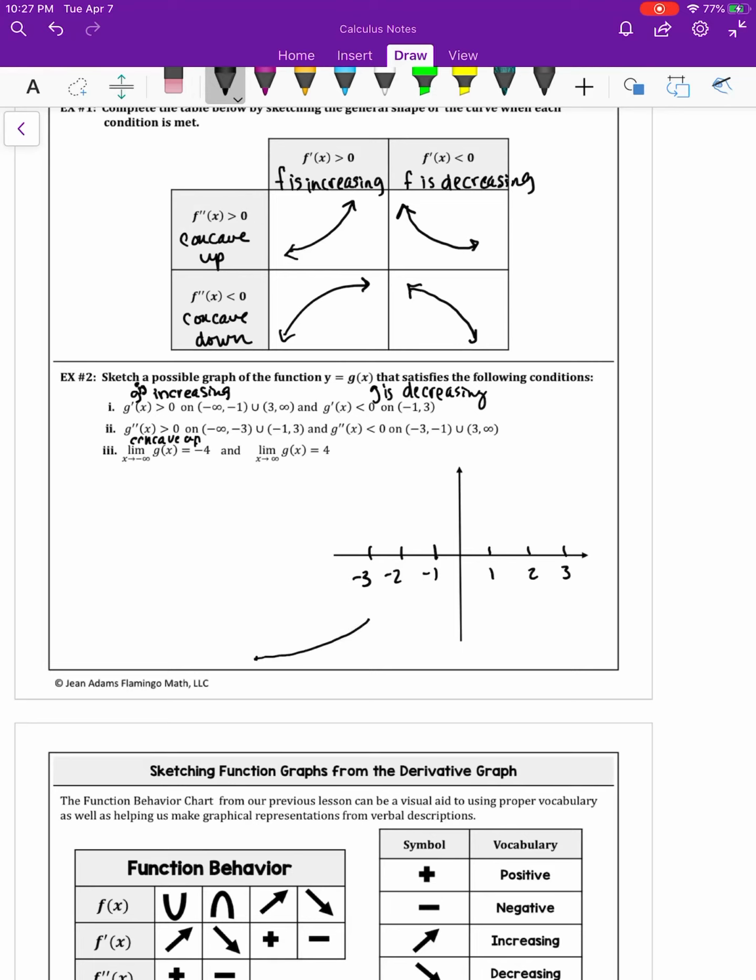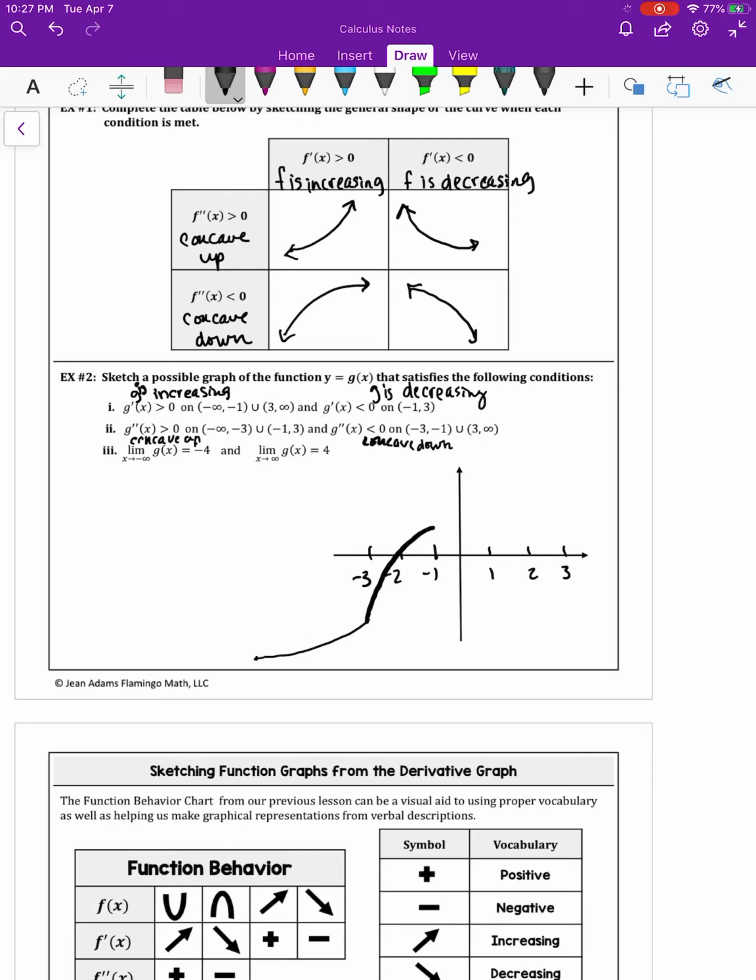So increasing and concave up to negative 3. Then we are still increasing, but concave down from negative 3 to negative 1. Because I know here this is concave down, and it says from negative 3 to negative 1.